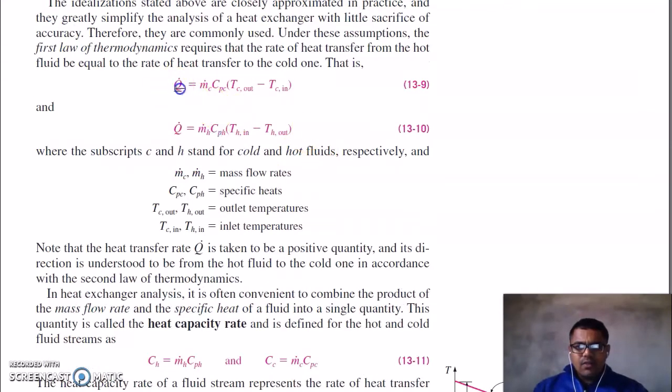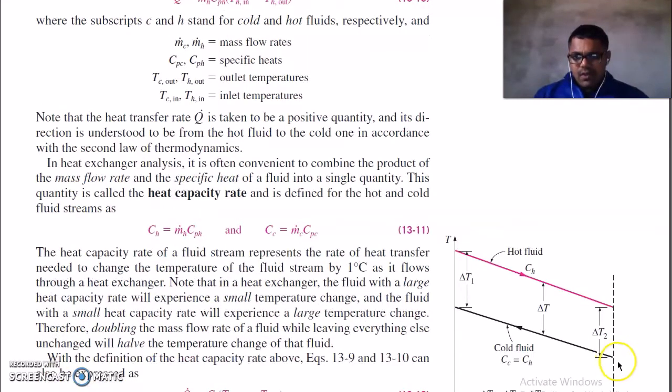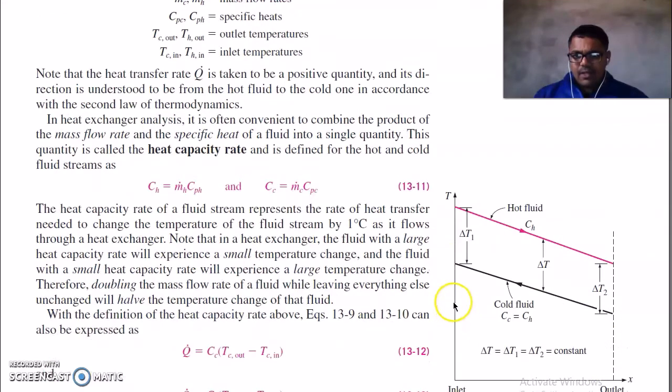This is your rate of heat transfer to the cold fluid, that is Q = mc Cpc (Tc,out minus Tc,in), and this is the rate of heat transfer from the hot fluid, which is Q = mh Cph (Th,in minus Th,out). So this is your cold fluid inlet, this is cold fluid outlet temperature, this is your hot fluid inlet temperature, this is hot fluid outlet temperature.